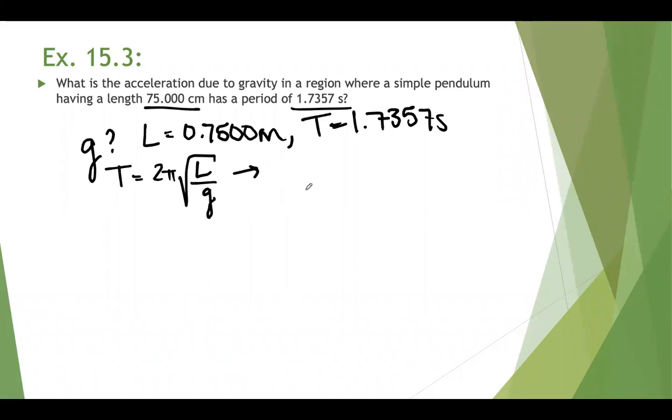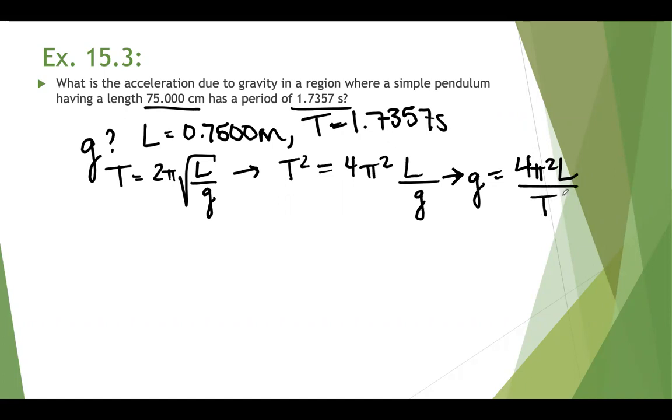So let's go ahead and solve this. We want to find g, so let's do that first. We'll square everything. We've got T squared is equal to 4 pi squared L over g. And so g is going to equal 4 pi squared L over T squared.